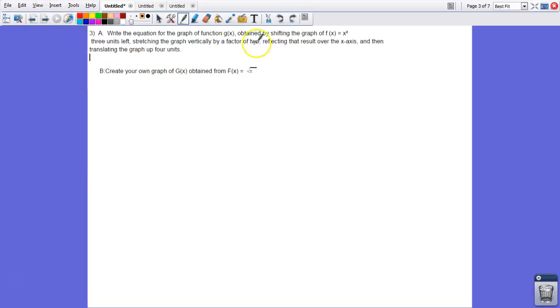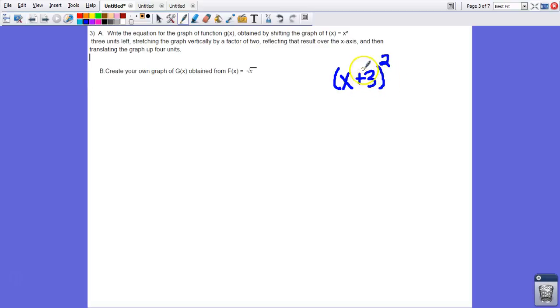Question 3, write a graph of the function g of x obtained by shifting the graph f of x equals x squared 3 units to the left. Let's take this one at a time. 3 units to the left would be adding 3 to the inside by the x.